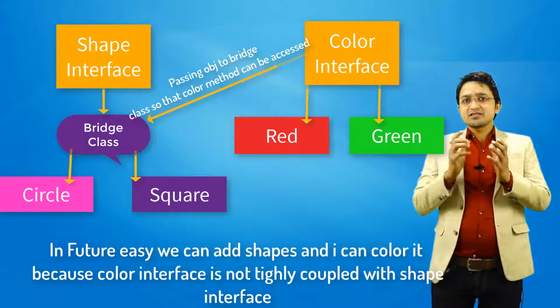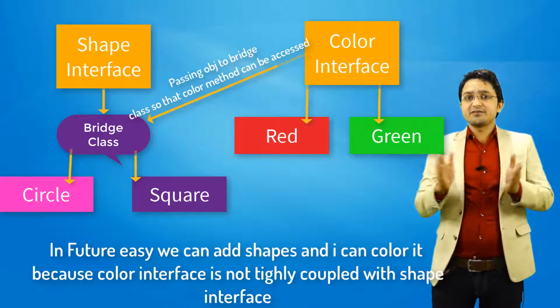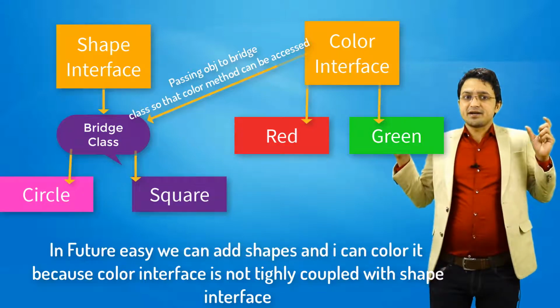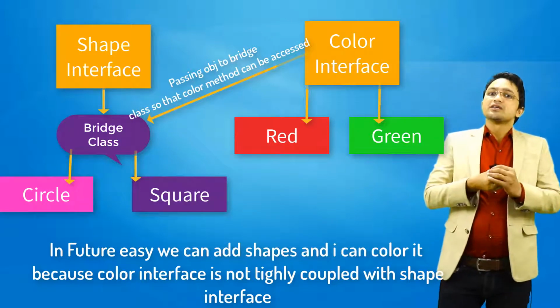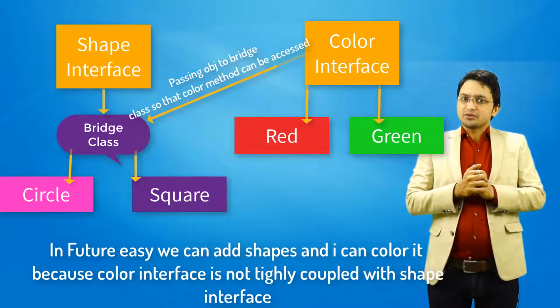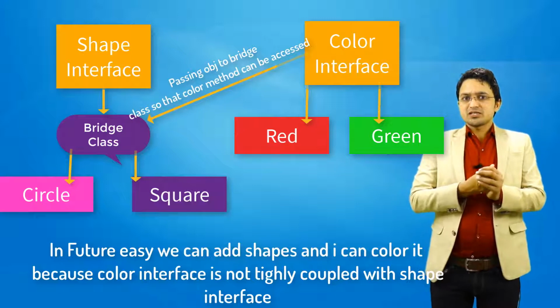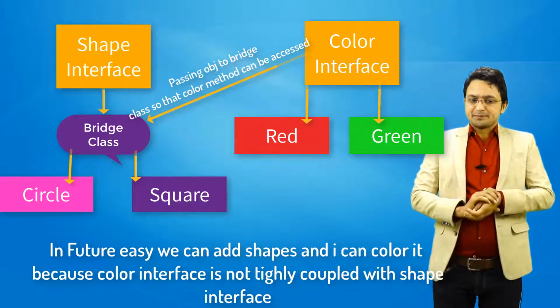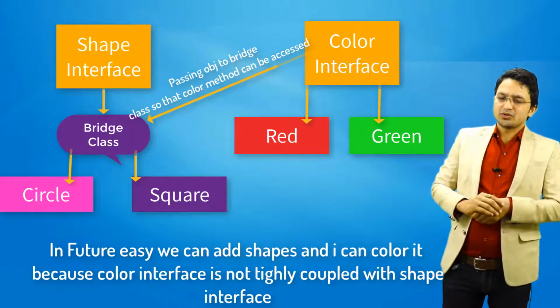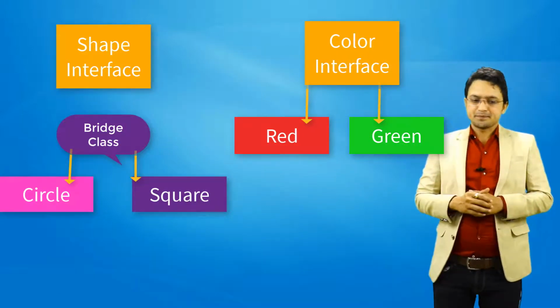So now you can see both the interfaces can grow independently. And my definition also says that the abstraction and the implementation should grow independently. So this is the bridge design pattern. You will understand this more when we discuss the example.